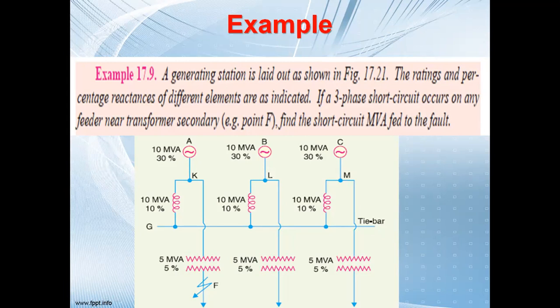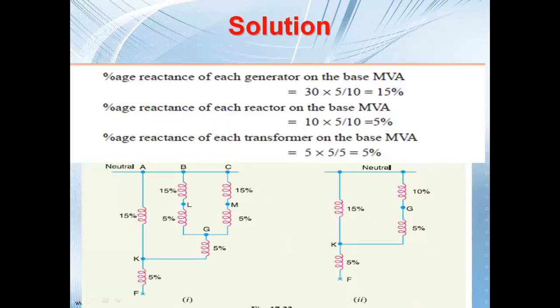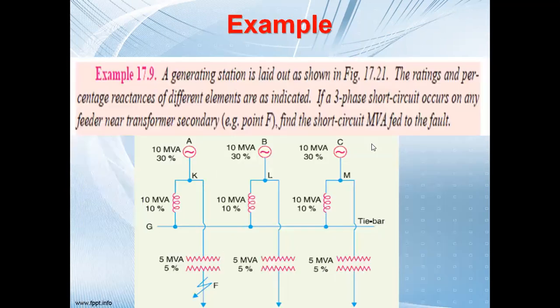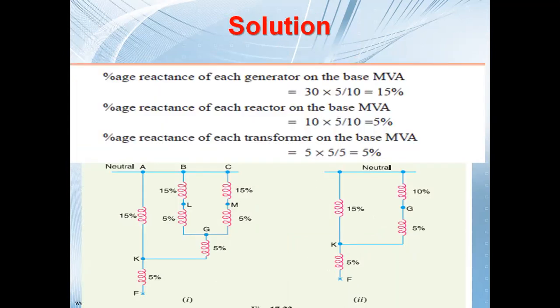First of all, we'll see the reactance diagram. Now, in this case, what is the base MVA? Base MVA we have assumed, let us say 5 MVA is the base MVA. So we need to convert all these reactances of the generator, reactor, and transformer in terms of the current base.